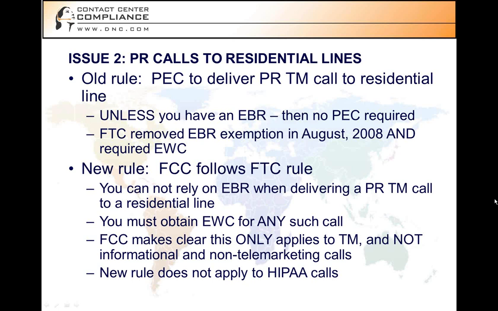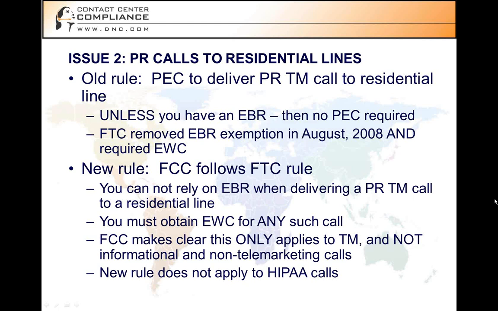The FTC had a similar rule in place, and that was removed in August of 2008. And at that point, moving forward, under the FTC rules, you had to get express written consent, whether you have an EBR or don't have an EBR, in order to deliver a pre-recorded telemarketing call to a residential line.